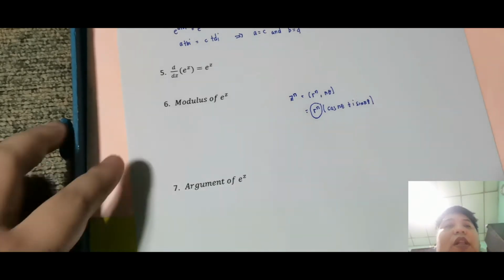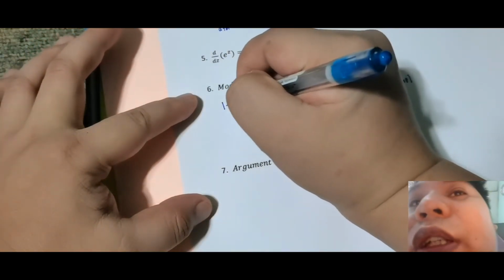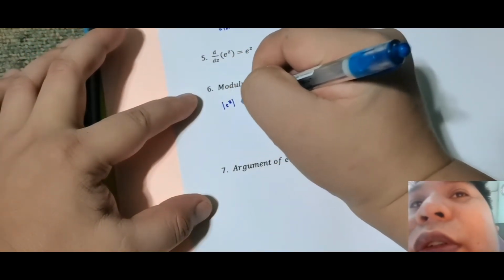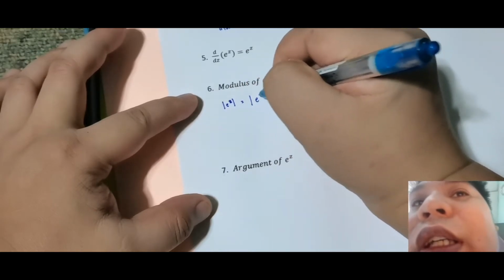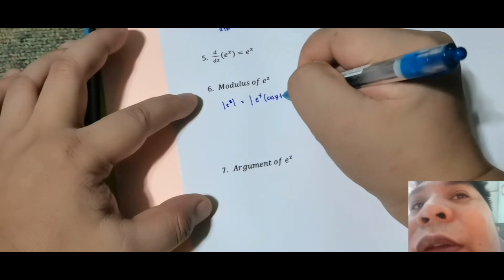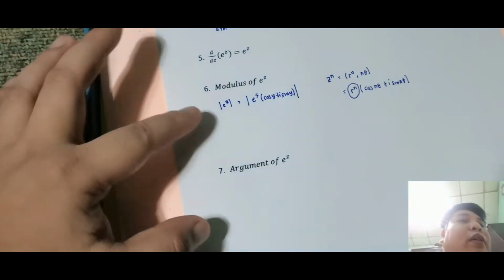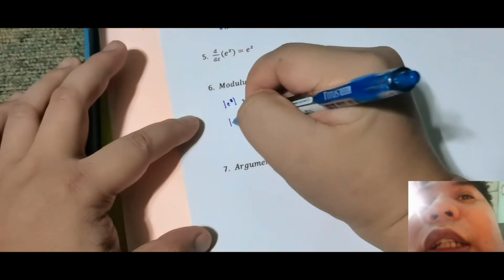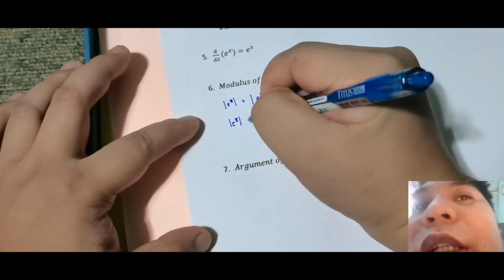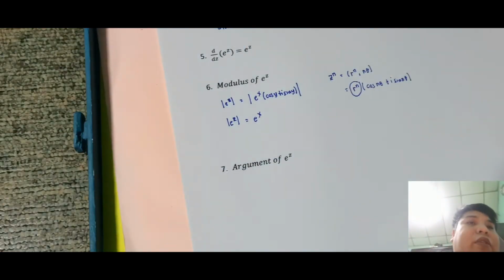So meaning, dito sa e raised to z, aware tayo na ito ay e raised to x, tapos cosine y plus i sin y, yung transformation na ginawa ko kanina. So basically, ang modulus natin ng e raised to z is equal to e raised to x lang, yung absolute value ng e raised to x.